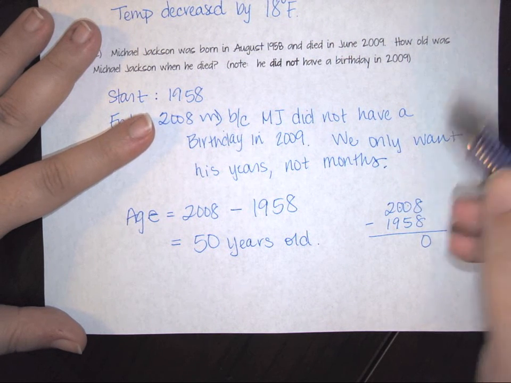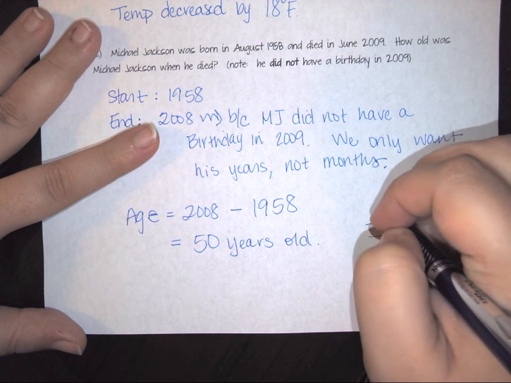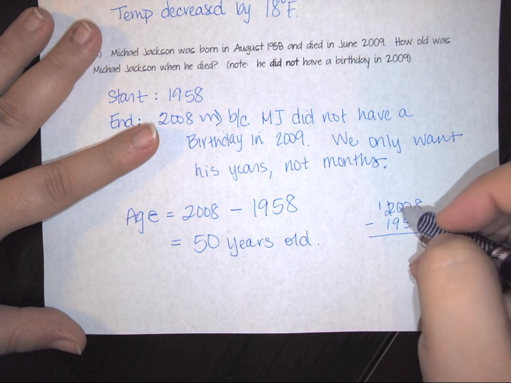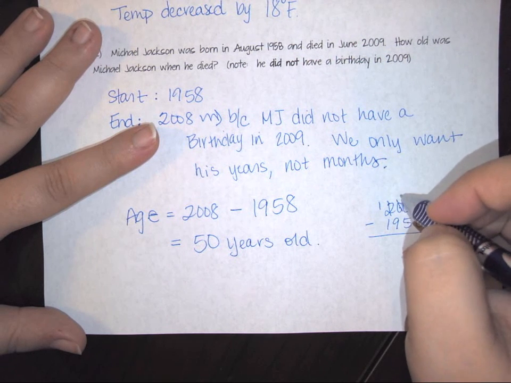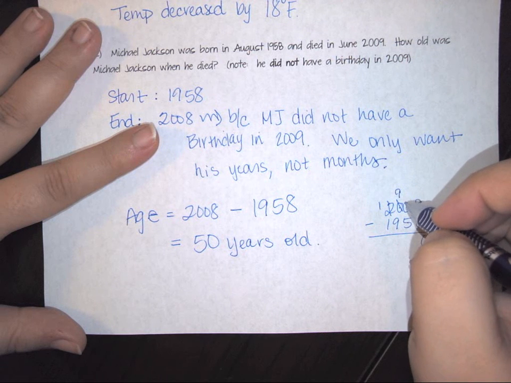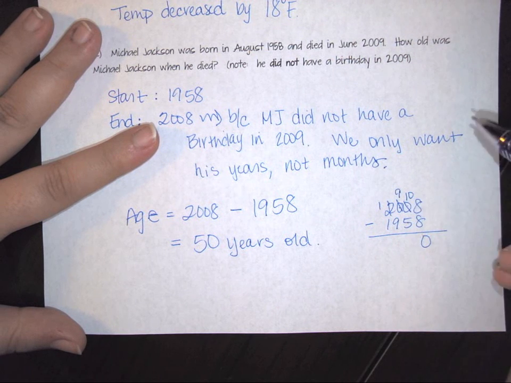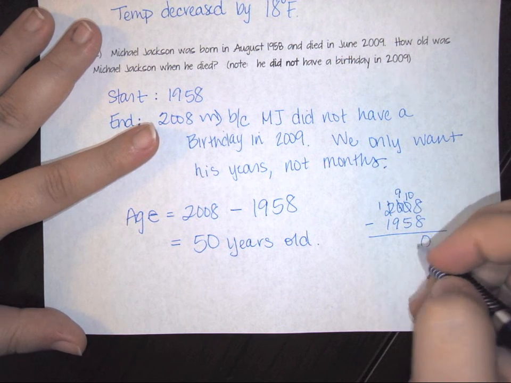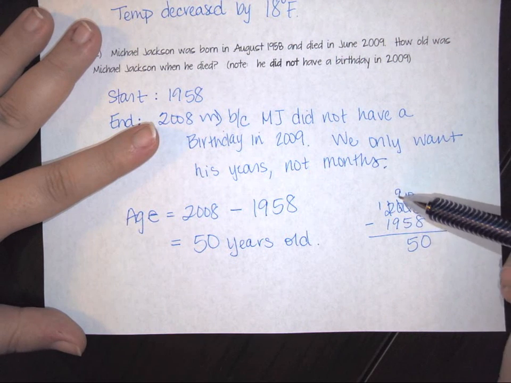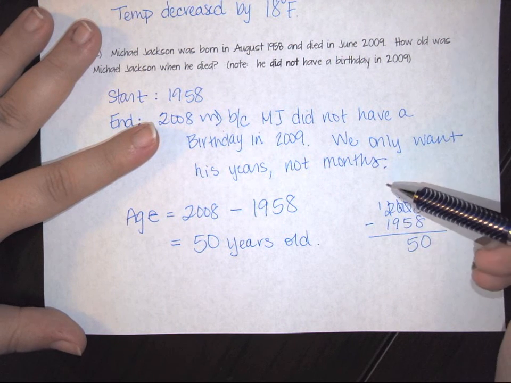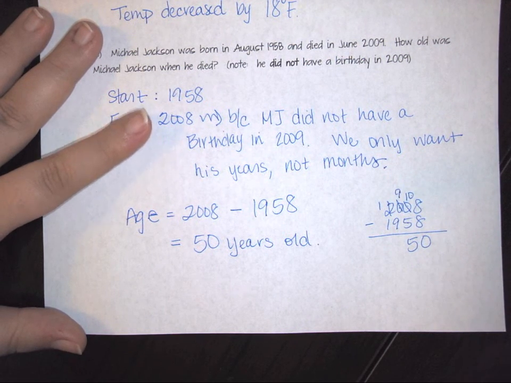Can't borrow from a 0, so you have to borrow from the 2, makes that a 1. Turns this into a 10, which you borrow to turn into a 9. Which turns this to 10. 10 minus 5 is 5. 9 minus 9 is 0. 1 minus 1 is 0, gives you 50. Okay.